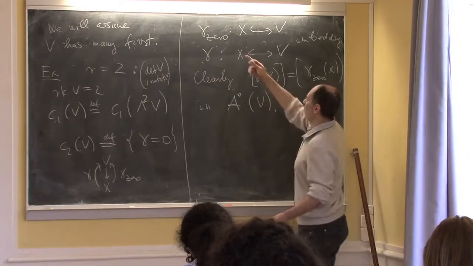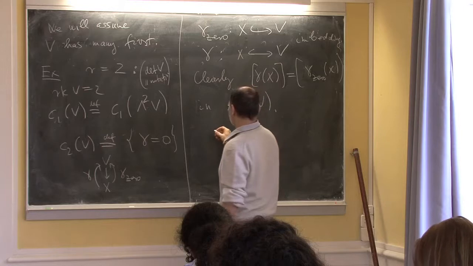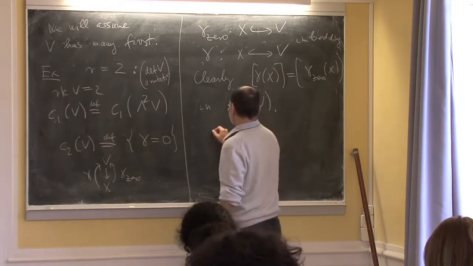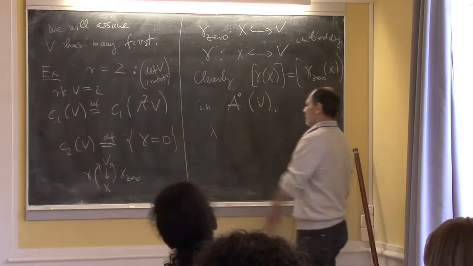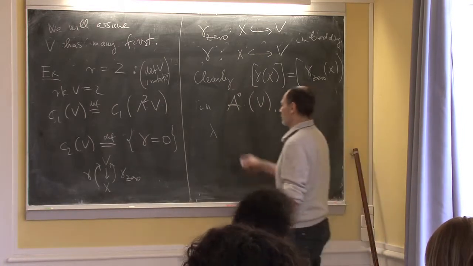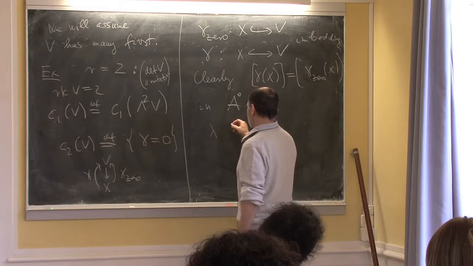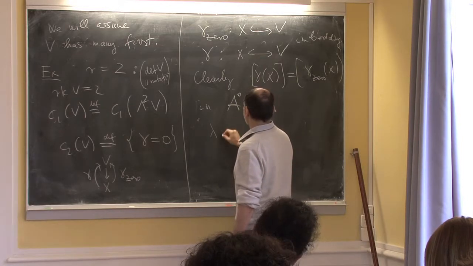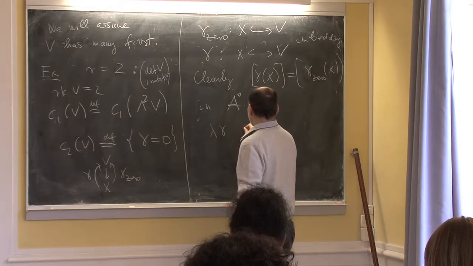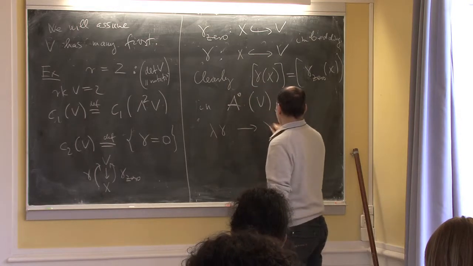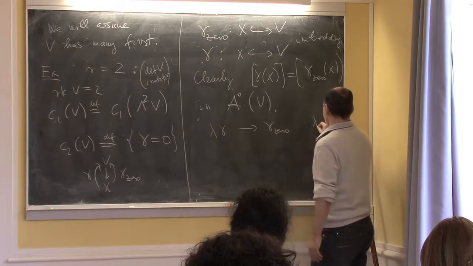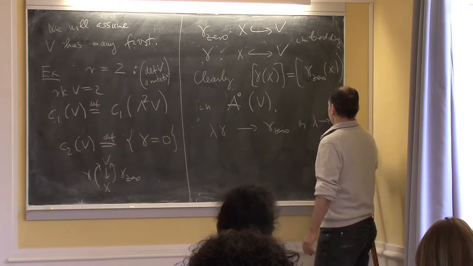So we can just define a family, for example. You can just look at the family of, well, this is sort of a homotopy. It's not precisely rational equivalence, but you can easily make a rational equivalence out of this. So just informally, lambda gamma goes to gamma 0, where lambda is just a complex number as lambda goes to 0.